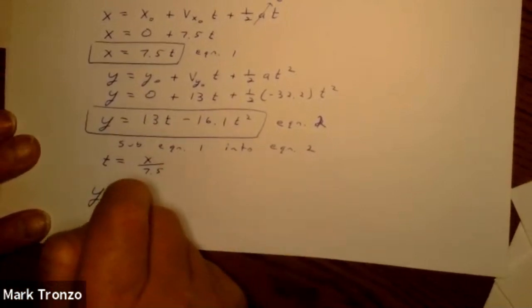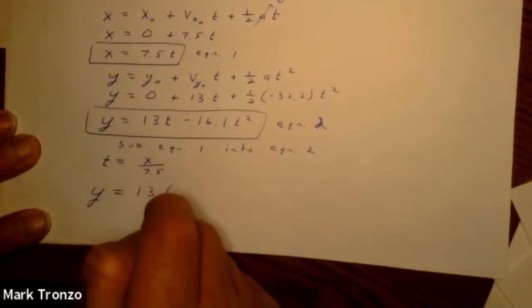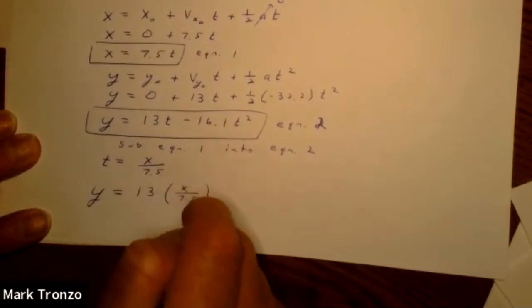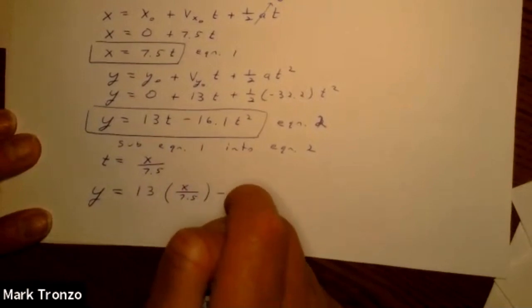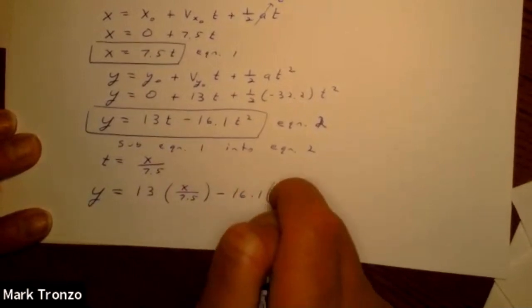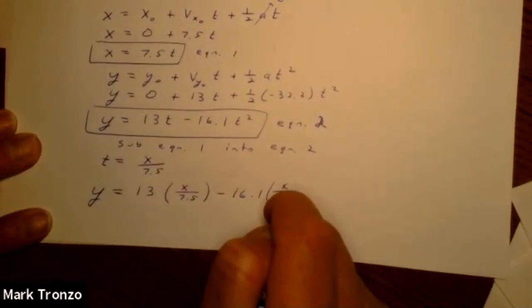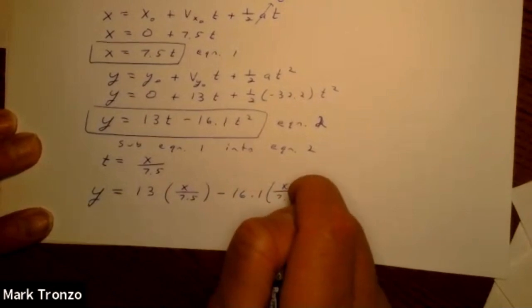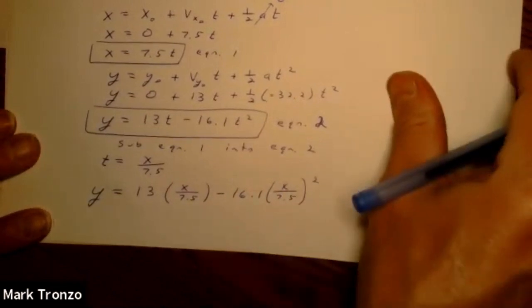Y is equal to 13 x over 7.5 minus 16.1 x over 7.5 squared.